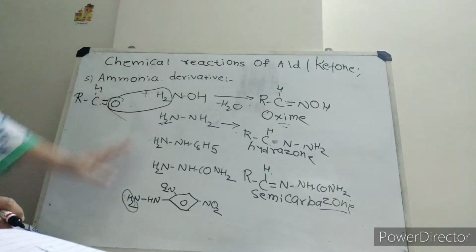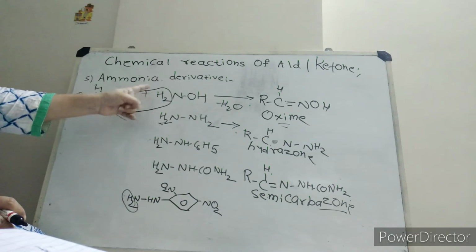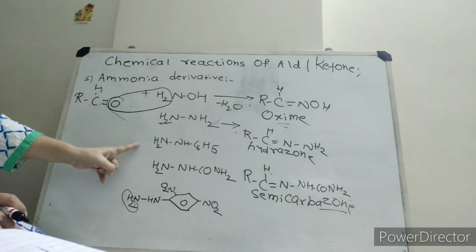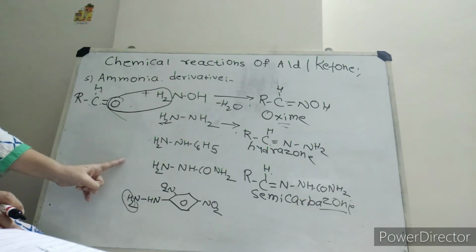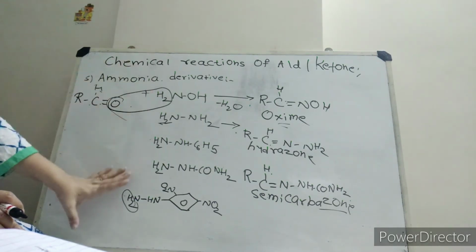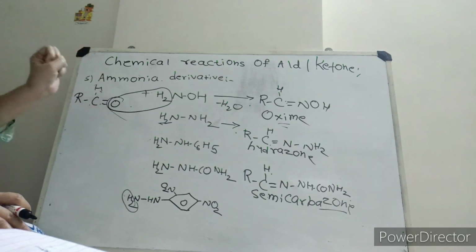So with the ammonia derivatives, there are a total of 5 reactions: with NH2OH, with hydrazine, with phenylhydrazine, with semicarbazide, with 2,4-dinitrophenylhydrazine. In all these reactions, one water molecule is the fixed byproduct because it is a type of condensation reaction.